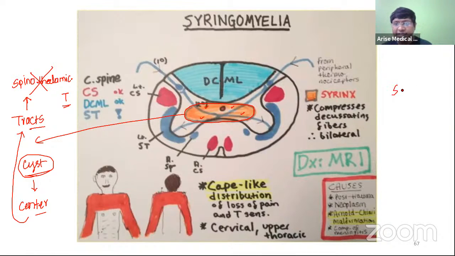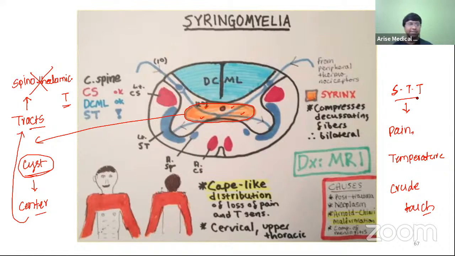Now, what are the sensations carried by the spinothalamic tract? Pain, temperature, and as well as crude touch. Now, what is the cyst doing?